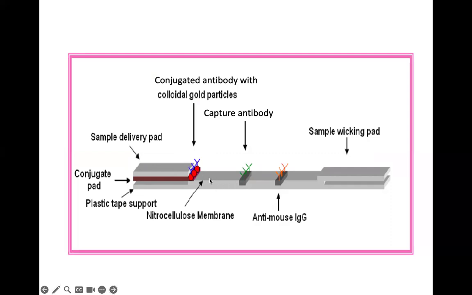The other factor is the architecture of the lateral flow, meaning the length from here to here, and how long you want the sample to travel before it reaches the test line and the control line, because we are working with different types of sample.